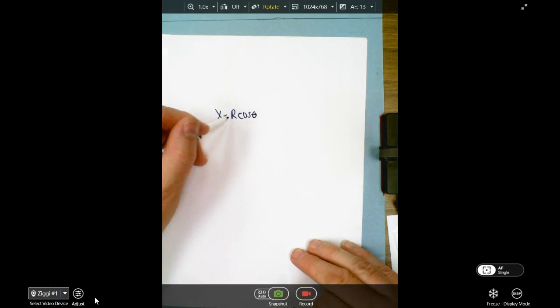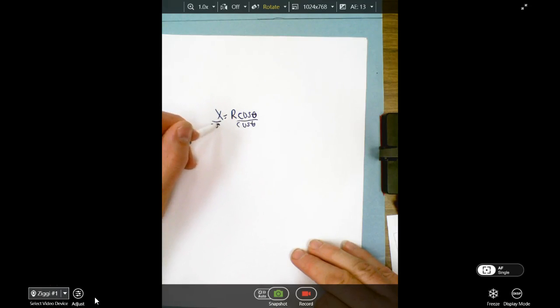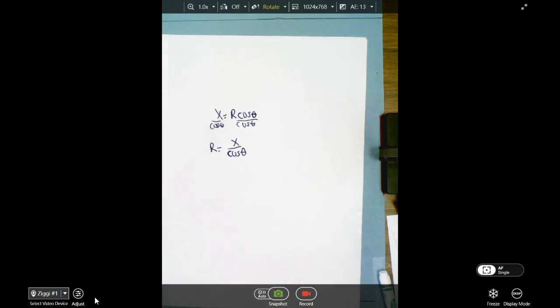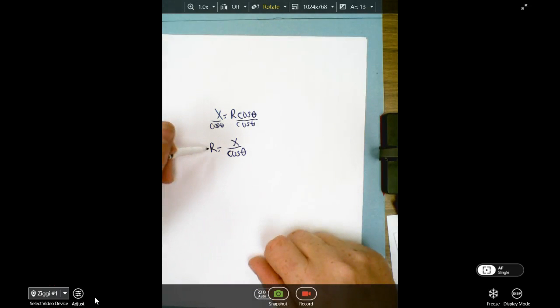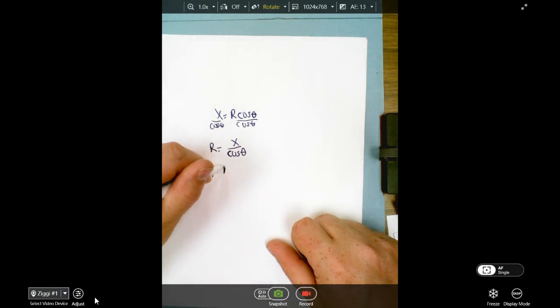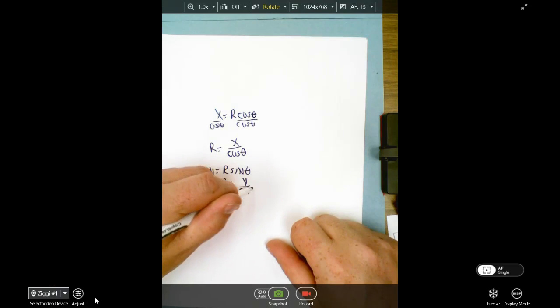That means I can divide both sides by cosine theta, and that tells me r equals x divided by the cosine of theta, because the cosine of theta is just a decimal number between 0 and 1, because on the unit circle that the Greeks figured this all out on, it is always going to be that, and the sine is also 0 to 1. So there. So when we have y equals r sine theta, r is equal to y divided by sine of theta.